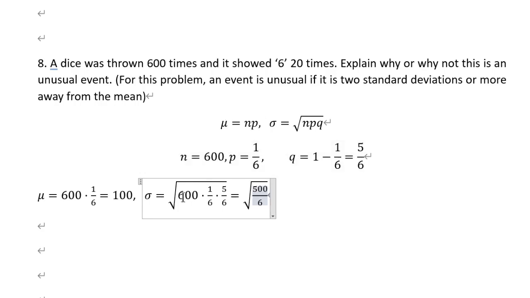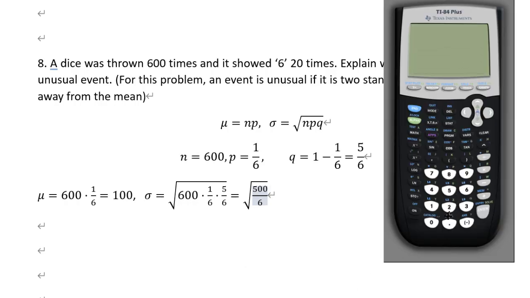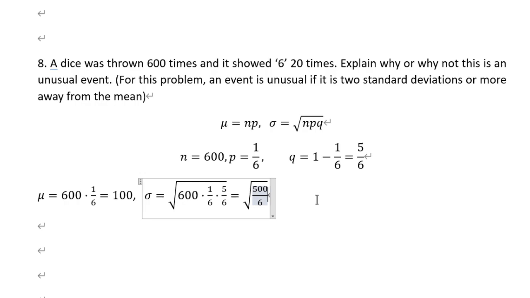After canceling this 6 with 6, you get 500 over 6. So let's put that into the calculator. 500 divided by 6 is this. So if you take the square root of 83.33, you get 9.12.